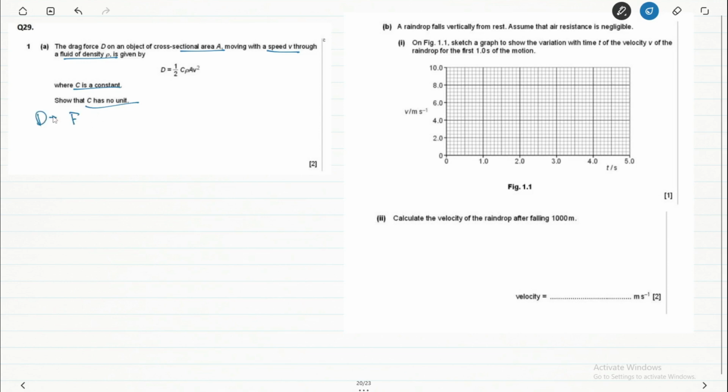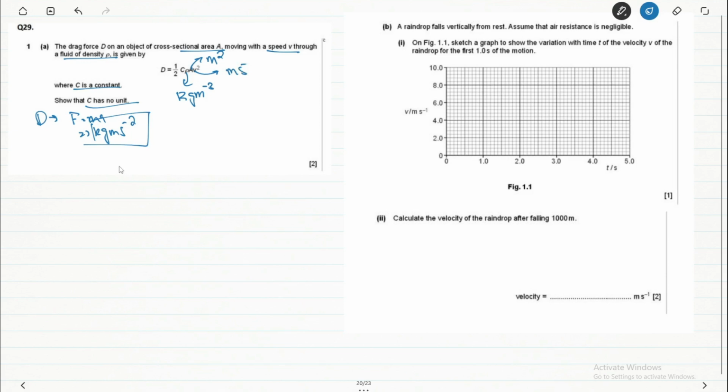So the units of D would be ma, or kg meter per second squared. The C is a constant, rho is mass per meter cubed, area is meter squared and V is meter per second.